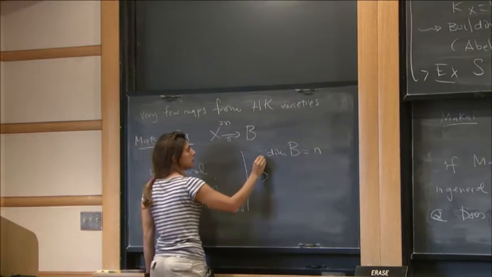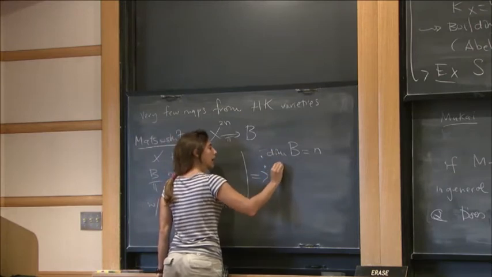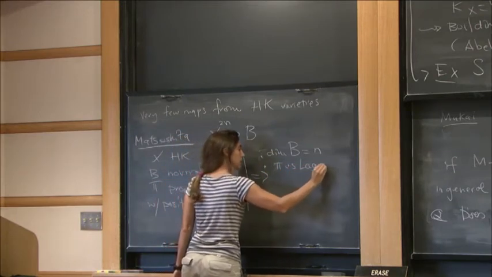So it's half dimension. And pi is a Lagrangian fibration.